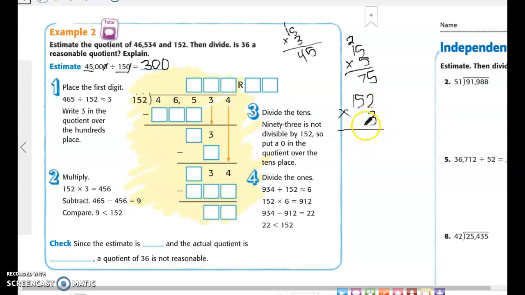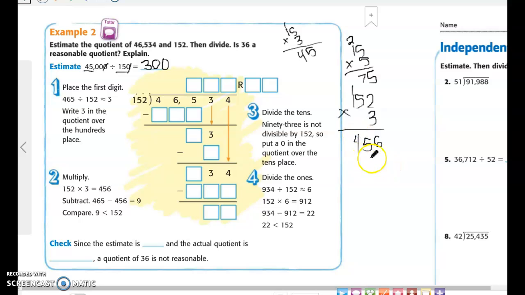We'll find out. So what is 3 times 2? 6. 5 times 3? 15, thank you. And 3 times 1? 3. Plus 1 more? 4.